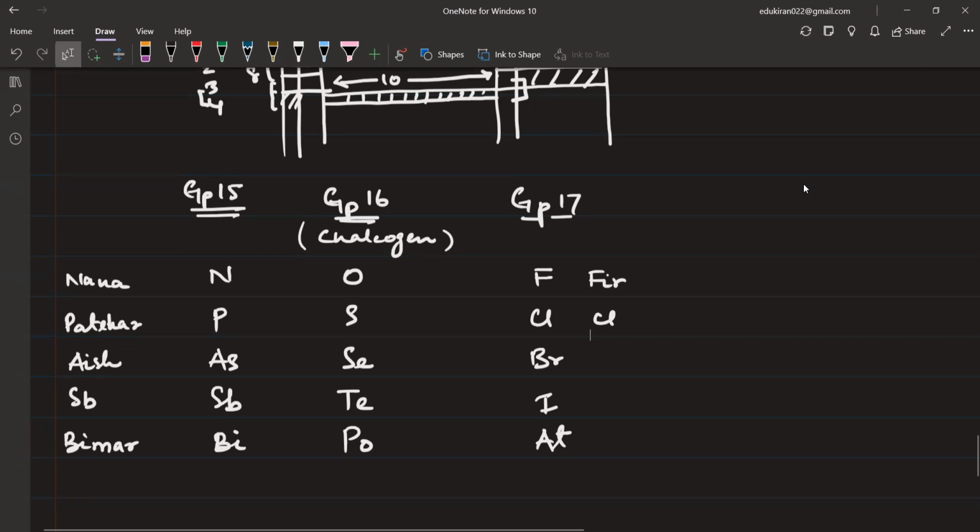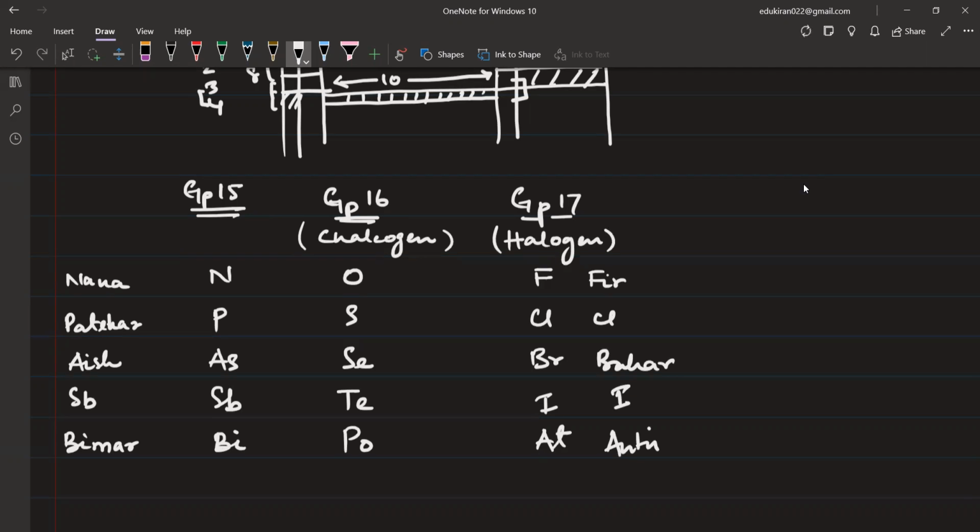Firkal Bahar Ai Auntie, write it down. This is fluorine family, which is also known as halogens. Then we have the group 18. It is known as noble gases.